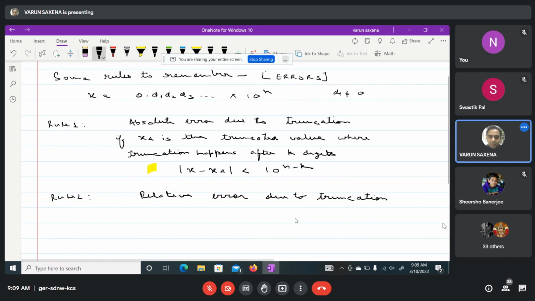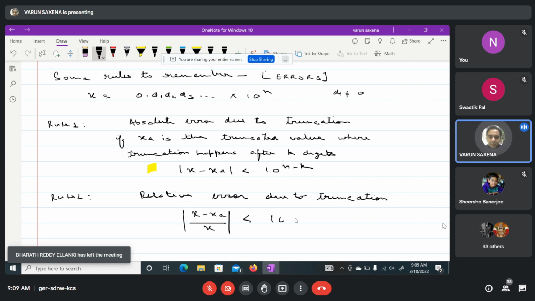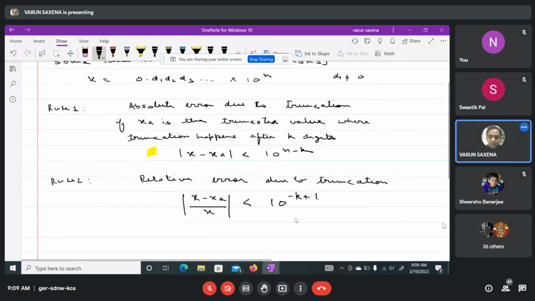Again, if xa is the truncated value where truncation happens after k digits, that's the standard thing. So the relative error, the magnitude of x minus xa divided by x, will be less than 10 to the power of minus k plus 1. This is how this error would go. So that's rule number 2.